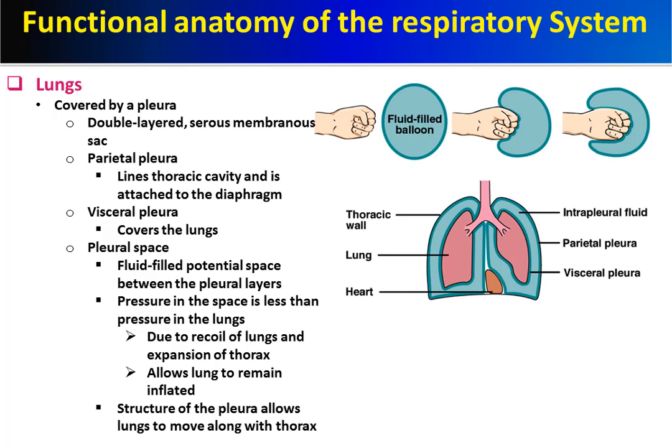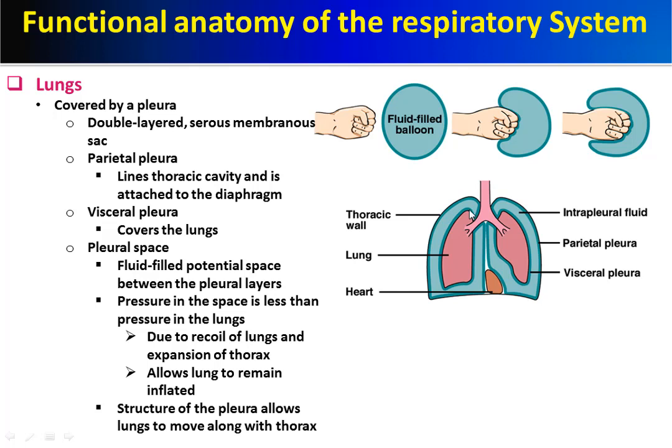One layer, this is now the lung, and these are the two layers of the pleura. One layer of the pleura is lining the thoracic cavity and attached to the diaphragm, and this layer is known as the parietal pleura.